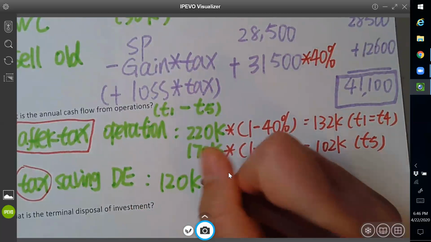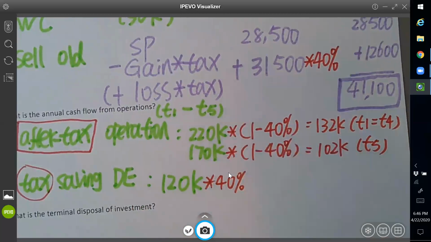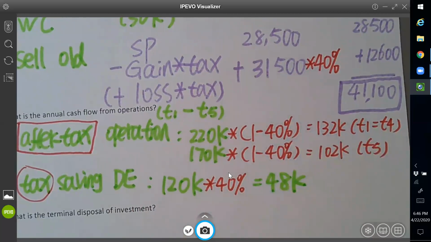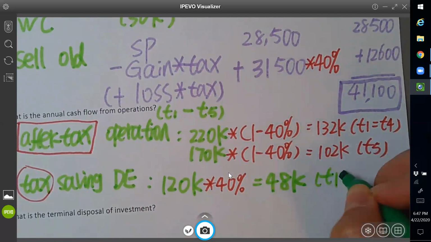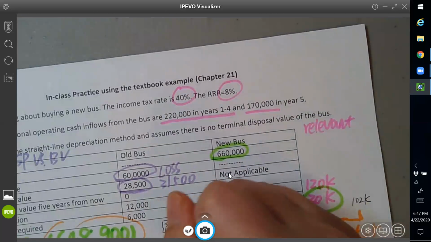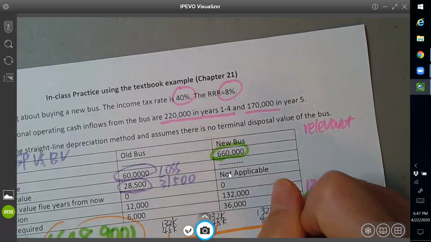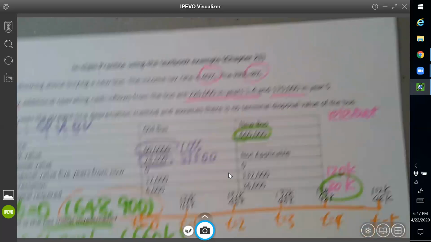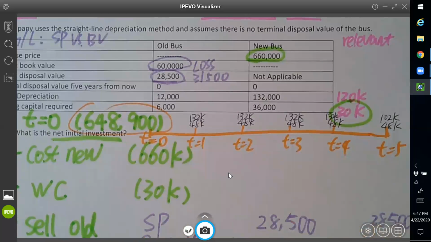We just save the tax part, 40%. So our tax saving for every year is 48,000, from the first year all the way to the 5th year.